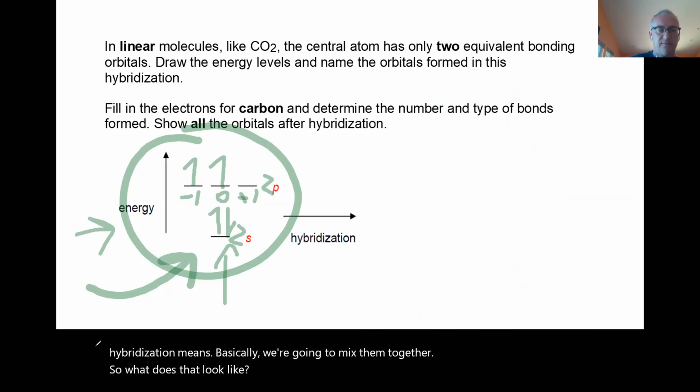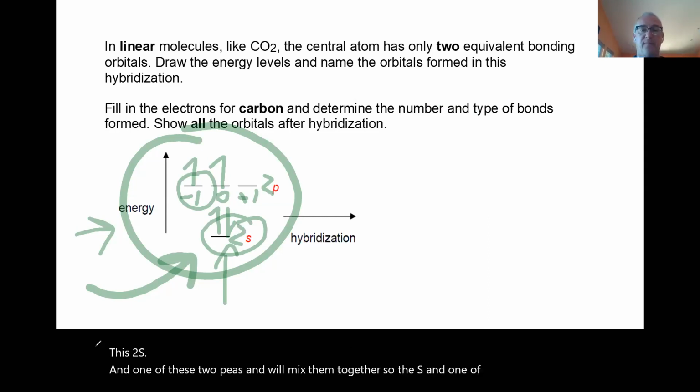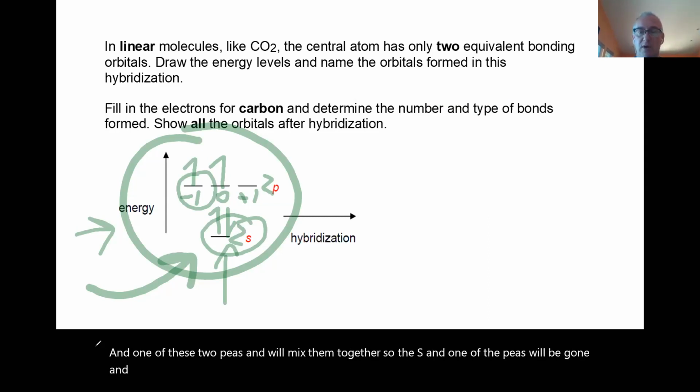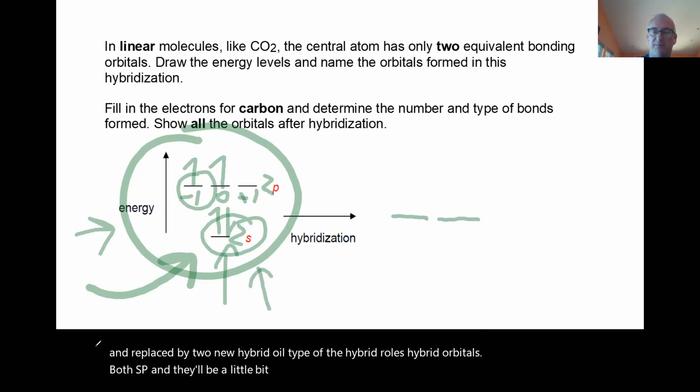So we're going to take this 2s and one of these 2p's, and we'll mix them together. So the s and one of the p's will be gone and replaced by 2 new hybrid orbitals, both sp. And they'll be a little bit higher in energy than s, but lower energy than p.